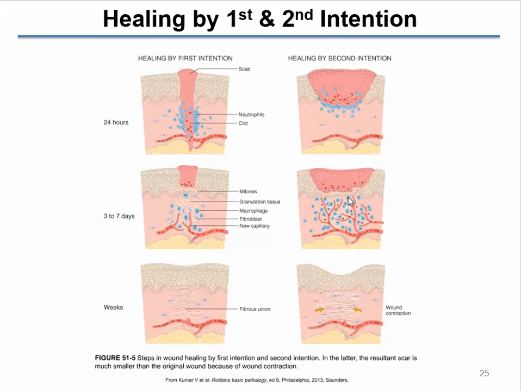New capillaries grow into the granulation tissue. It becomes very highly vascular. If you've ever seen it, it's kind of like a pink, like if you pick a scab off, you will see this pink and there will be a little exudate come out of it. That's the granulation tissue.